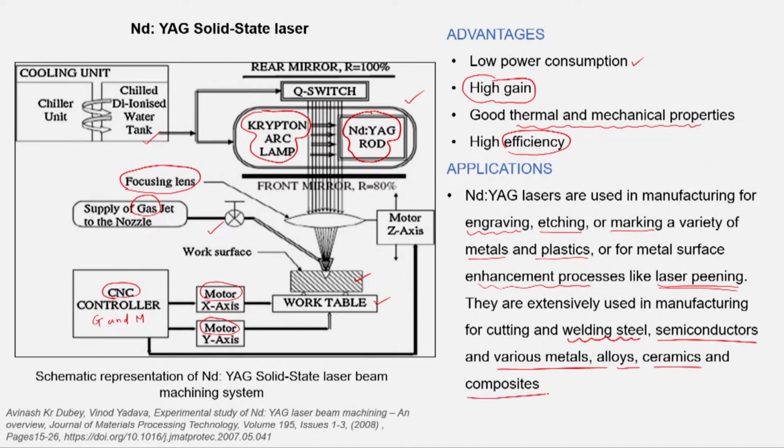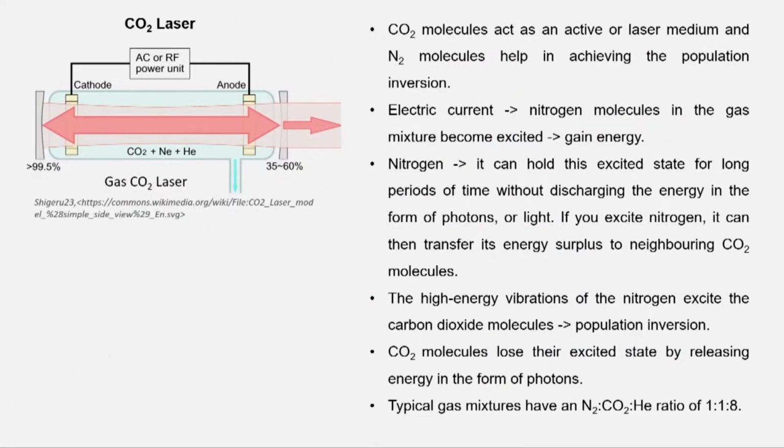Now, let us look at the second type of widely used laser, that is the carbon dioxide laser. It is a gas laser, basically a CO2 laser. The schematic of the CO2 laser is on your screen.